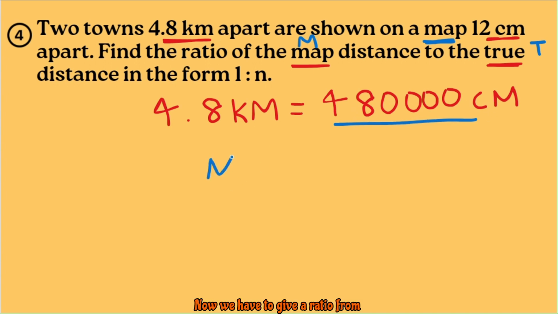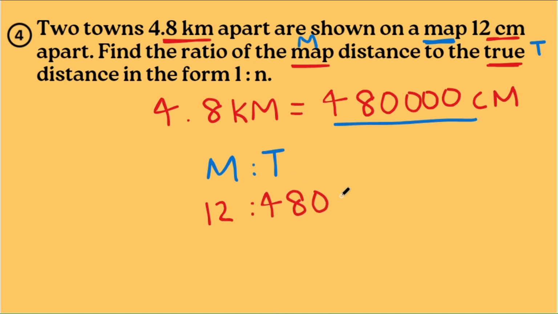Now we have to give a ratio from map to the true distance. So our map distance is 12 centimeters to our true distance, which is 480,000. Now again, I'm not writing my units because we have converted it into the same unit and we don't have to write it now.